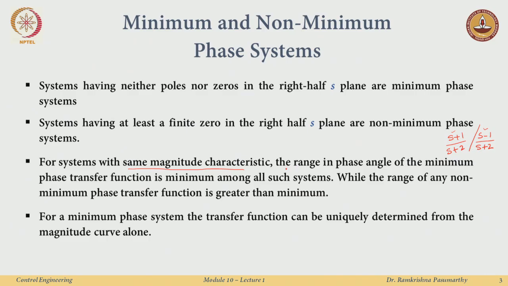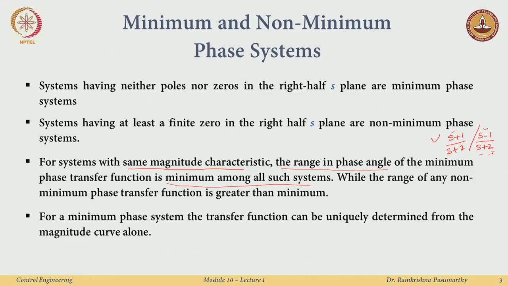You just look at the range in the phase angle of this one and of that one, and you take the one which has the minimum range. I'll show you some plots shortly. If this one is the minimum, any other would be the non-minimum characteristic.